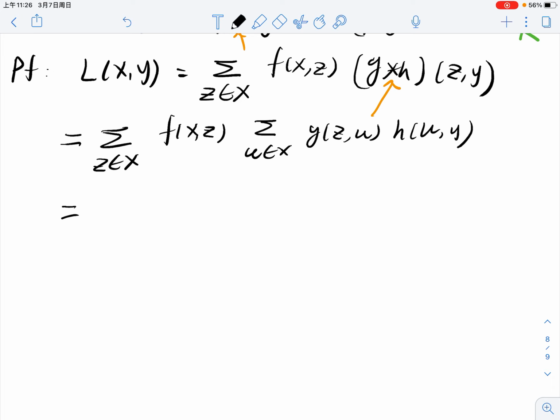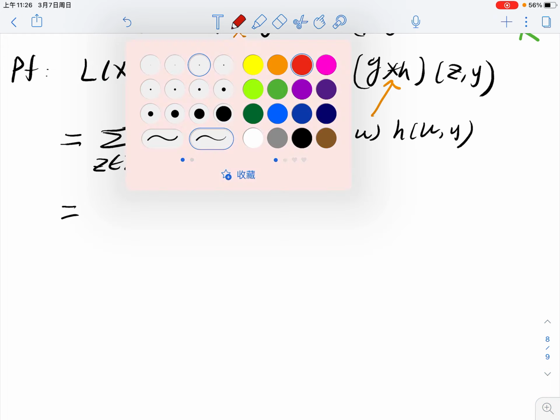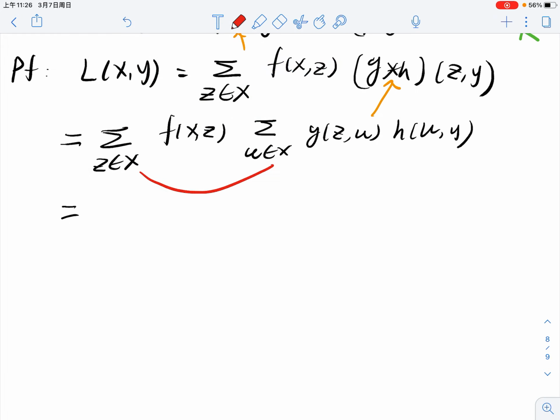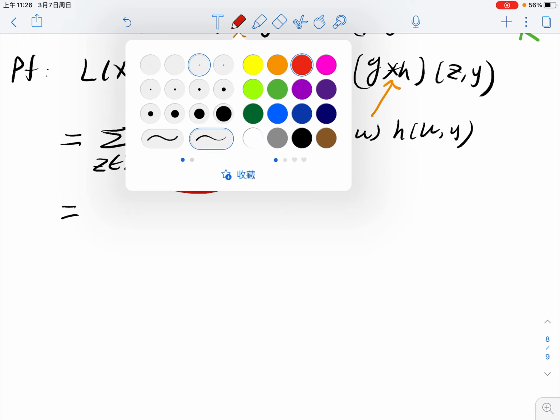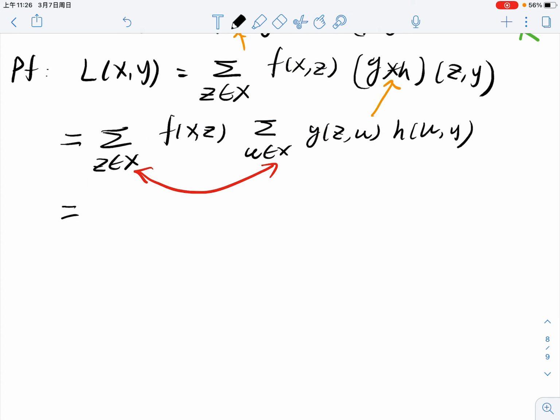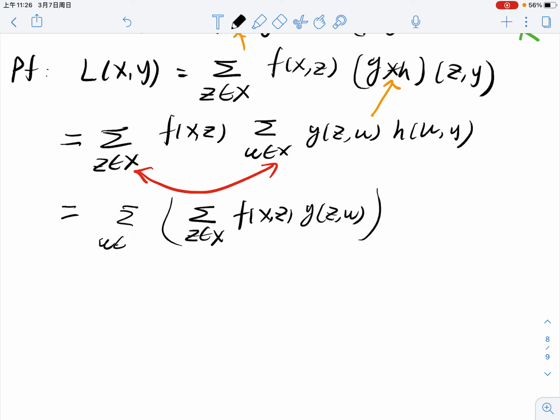So here if you change the order, you first sum over z, and then sum over w. Then we have the summation over z in X of f(x,z) g(z,w), and the summation over w in X of h(w,y).